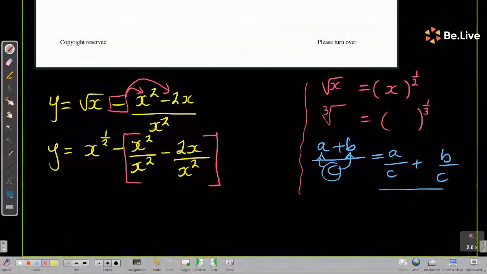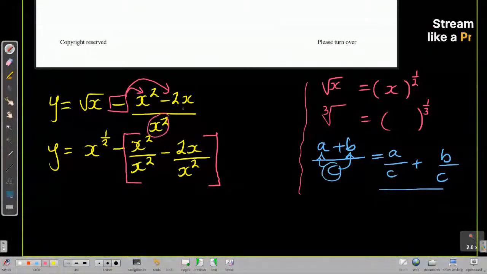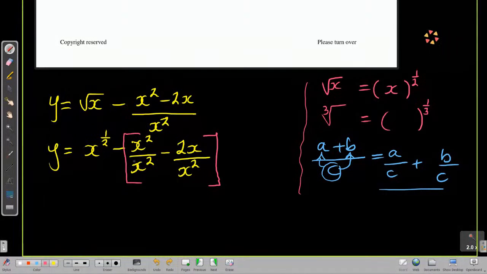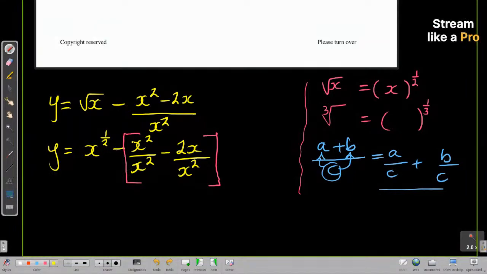Are you with me? But because it's protected by this, you cannot just apply it like that. You have first to split it the way I've done it, so that you can now use the negative. This is the most important part in this question, the trickier part. Most people would have left it as minus and minus, while it is minus and a plus. You'll see later. Now let's continue.